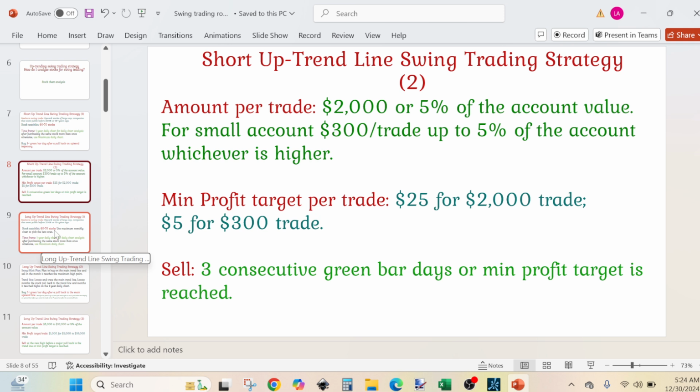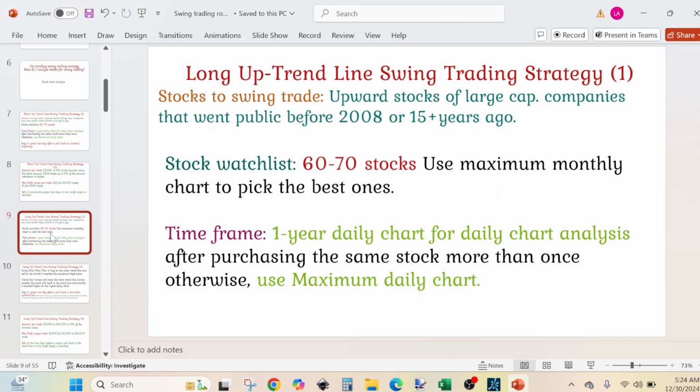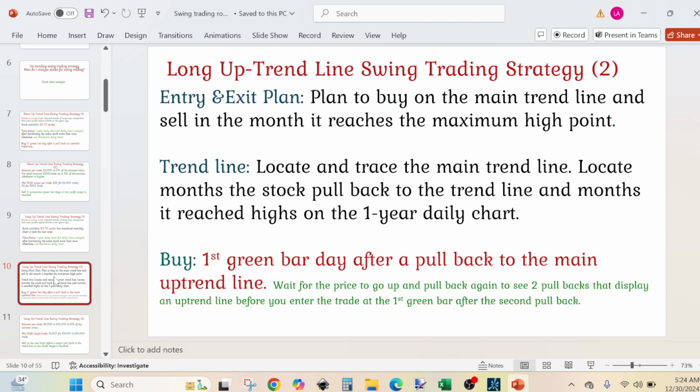Moving forward, we like to try a long uptrend line strategy. The principle is the same, but we chose a longer trend line as our entry point.